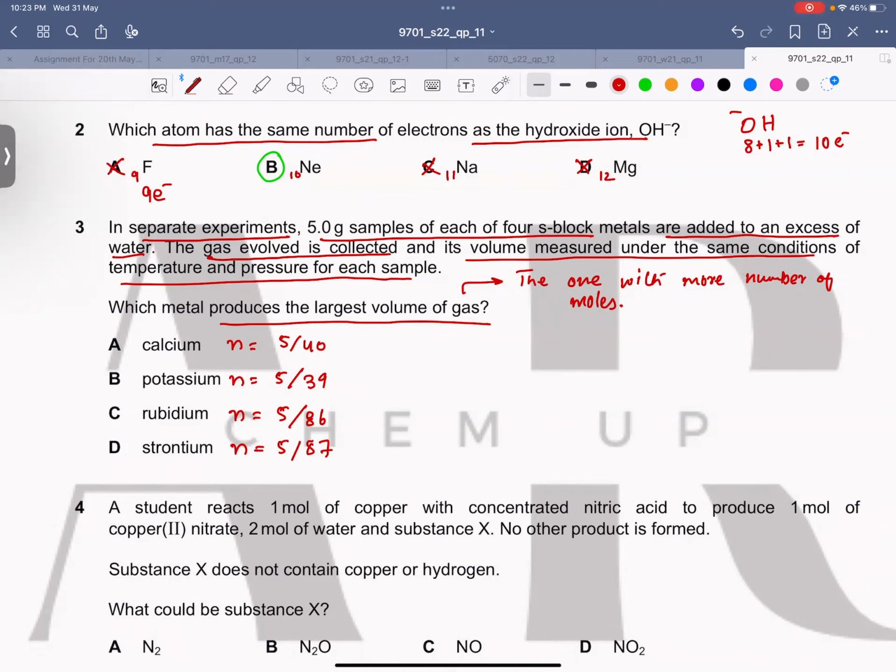These are grams, right? So the largest moles would be this one, right? So, no, 1 minute. One more thing. Okay. Can anybody tell me the values of these?